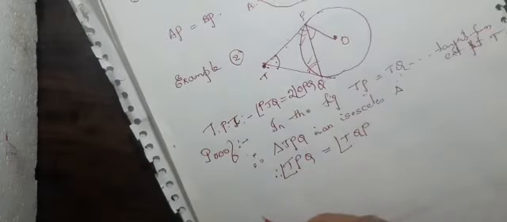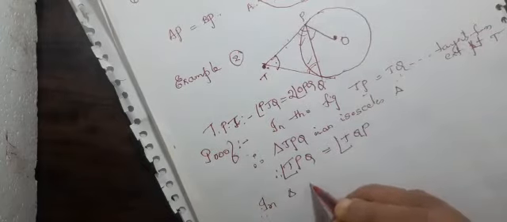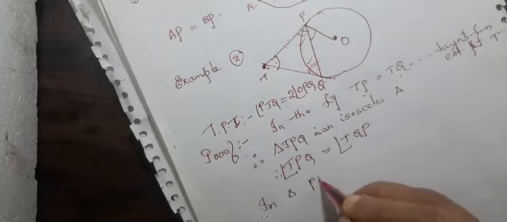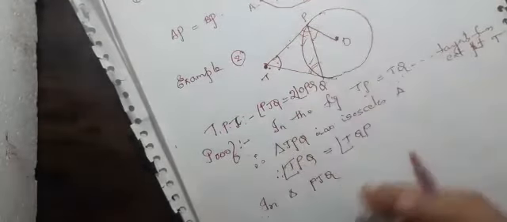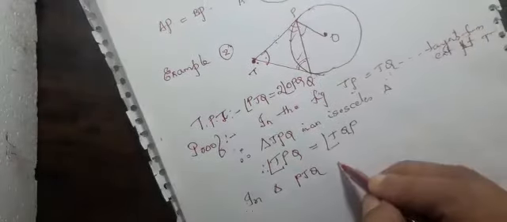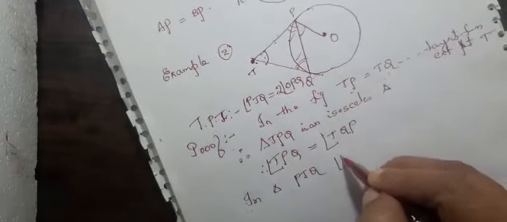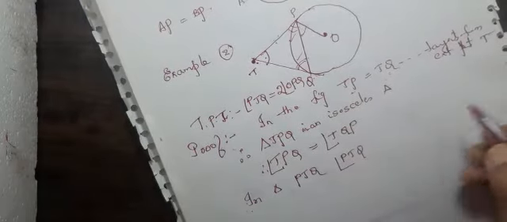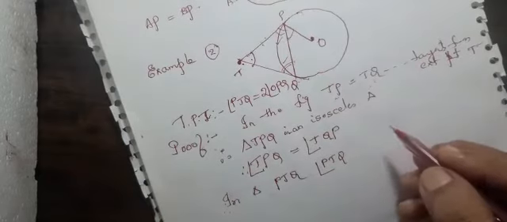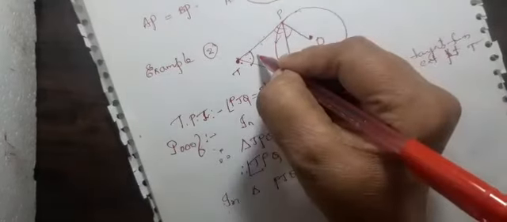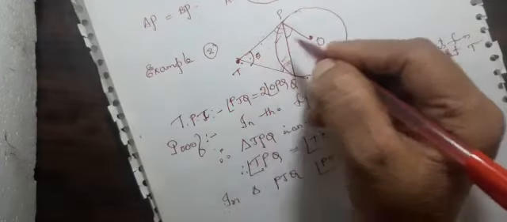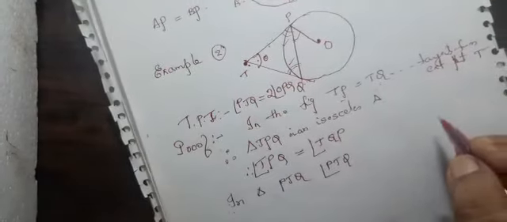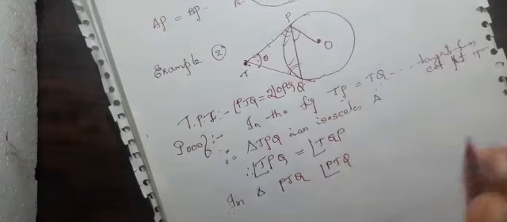Now what you should do is, in triangle PTQ or TPQ, anything, we want something about angle PTQ. Instead of PTQ, in the example in the textbook, they have taken it as theta. Let PTQ be equal to theta, they have said.